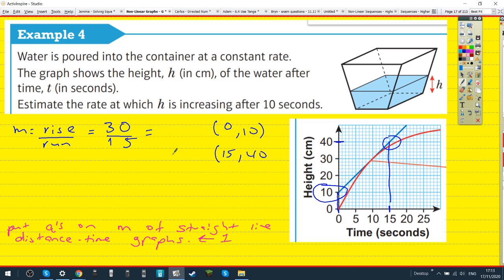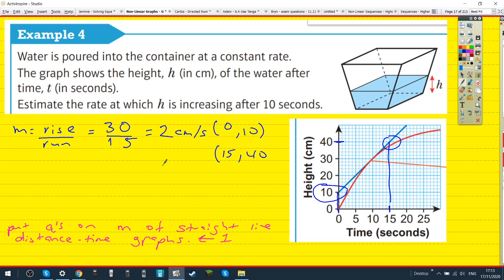Okay. So what do you get there? Then the gradient would be 2. Yep. And so that is 2 centimeters per second.